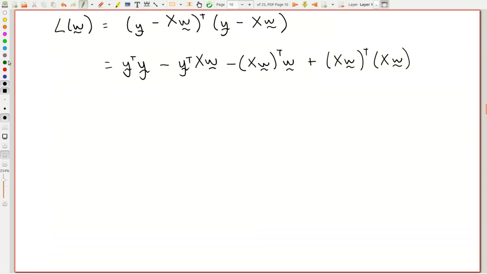Great. So let's look into a few of these expressions just to see if we can simplify this any further. Our first term is going to be xw transpose w.